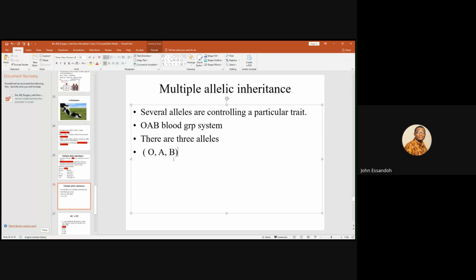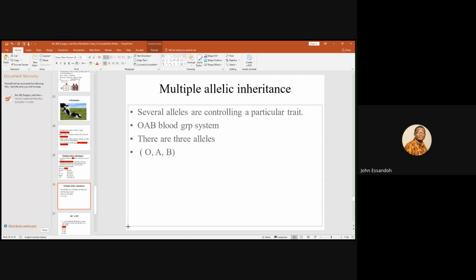But here, even though there are three alleles in the population, an individual will have just two of them at a go.